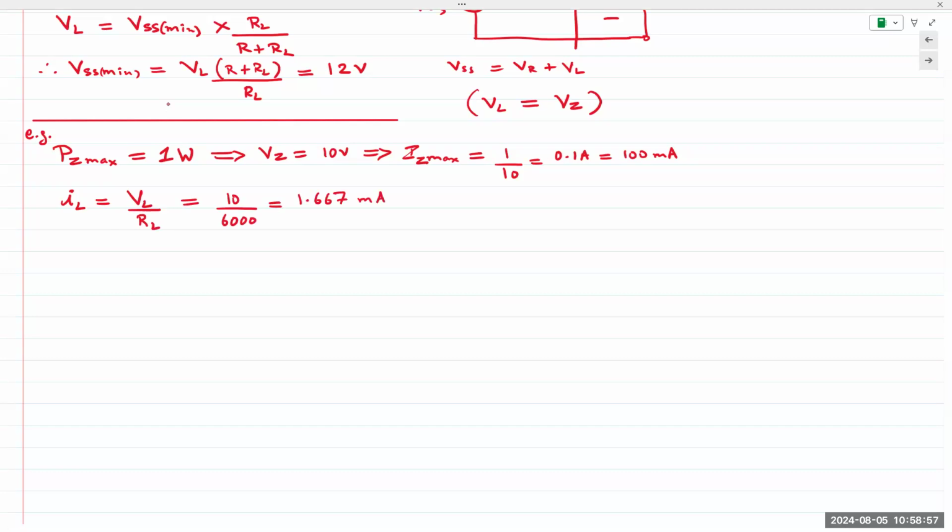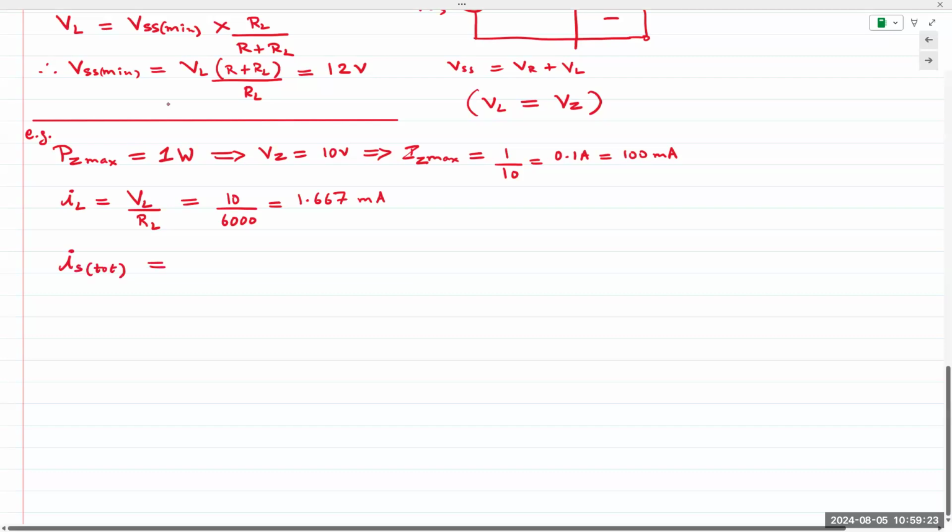Okay, so I have IZ max, I have IL, which in this case, if VL is going to be fixed at 10 volts, then this also means that this is the maximum value of IL. So the total current coming from the power supply, IS total, cannot exceed IZ max plus IL. So it's 100 milliamps plus 1.667.